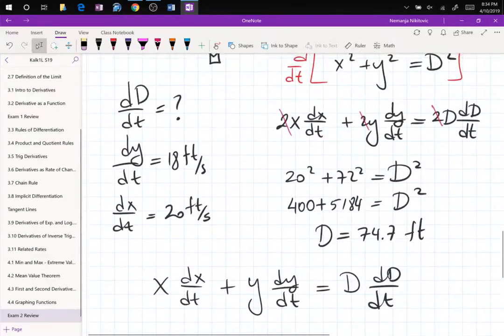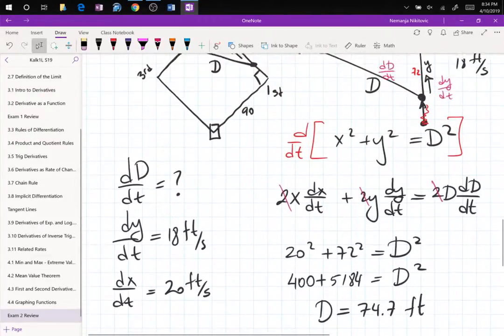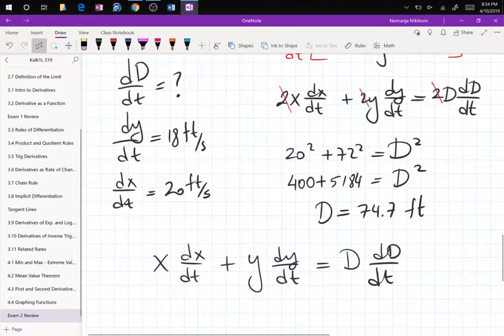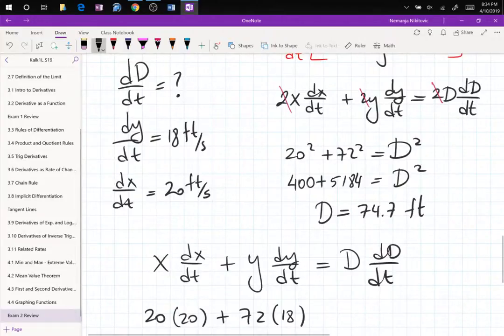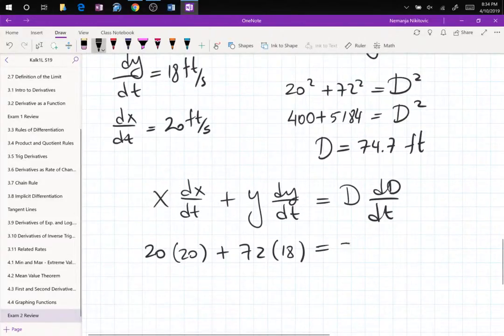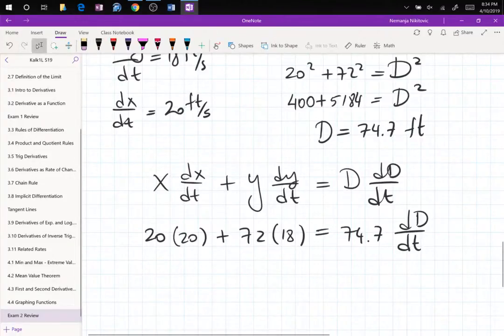What's x? 20. x is 20 times 20 plus 72 times 18 is equal to 74.7 times the dD/dt, which is what we're looking for. Done. Cool, right? Maybe. We don't know. So what do we have over here?